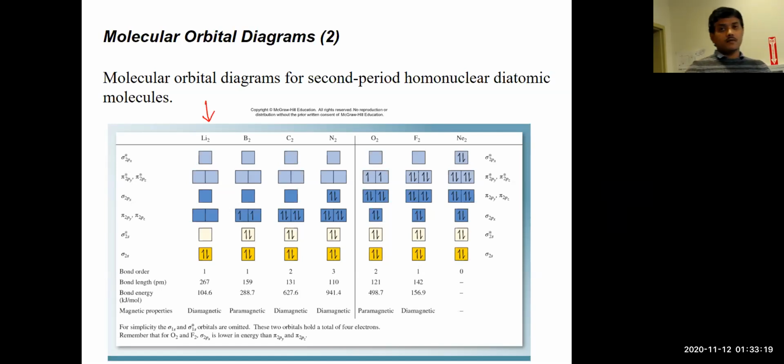Li2 has one single valence electron in each lithium. They were in 2s1, so each is going to use its single atomic orbital to form a molecular orbital, and they are going to use all of their 2 electrons.